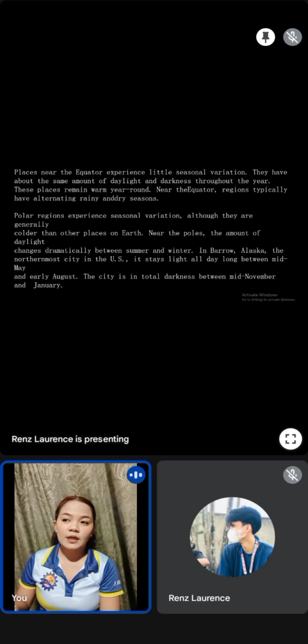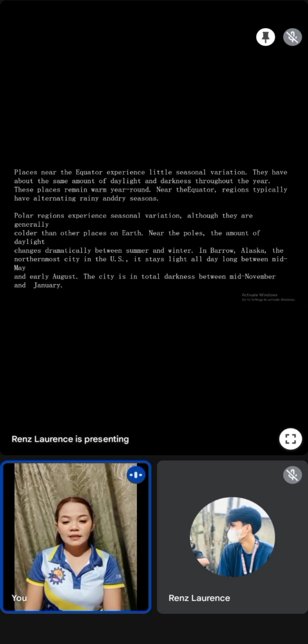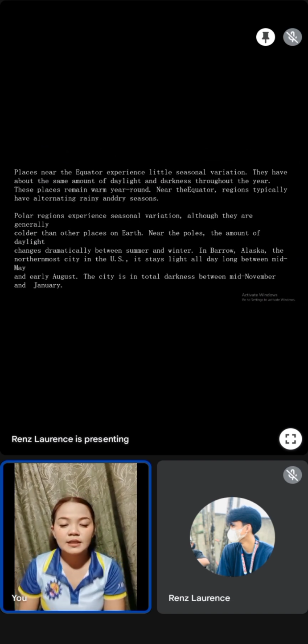Maka-experience sila og kani ang mas longer ang day and mas shorter ang night, and the other pole same sa north, maka-experience sila og mas taas ang ilahang day ay ilahang night kaysa sa init. Next.